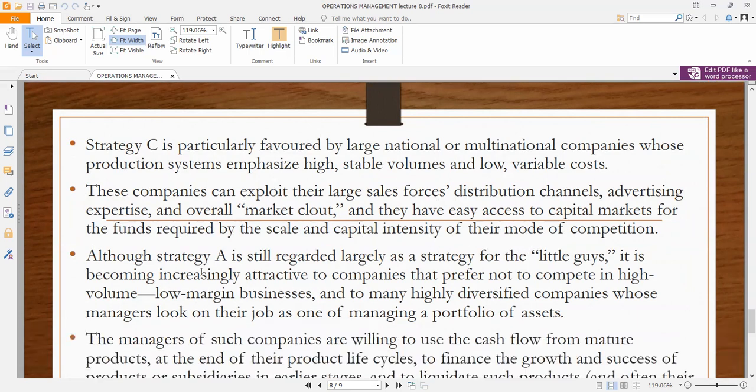Now, although strategy A is still regarded largely as a strategy for the little guys, it is becoming increasingly attractive to companies that prefer not to compete in high volume, low margin businesses, and to many highly diversified companies whose managers look on their job as one of managing a portfolio of assets.